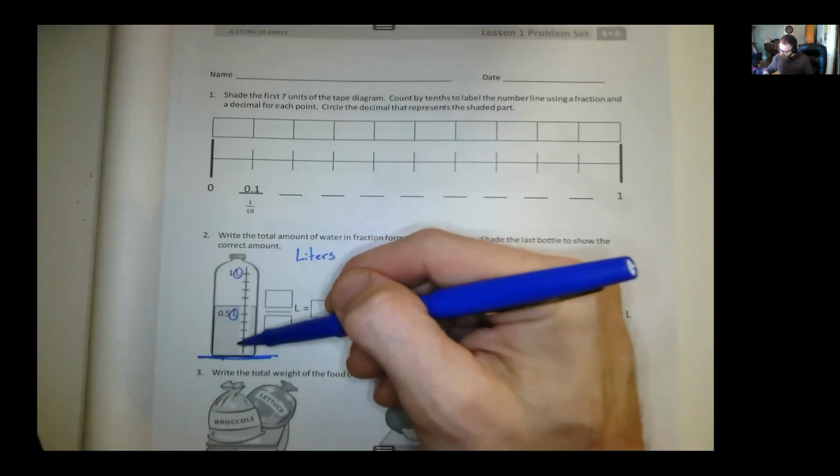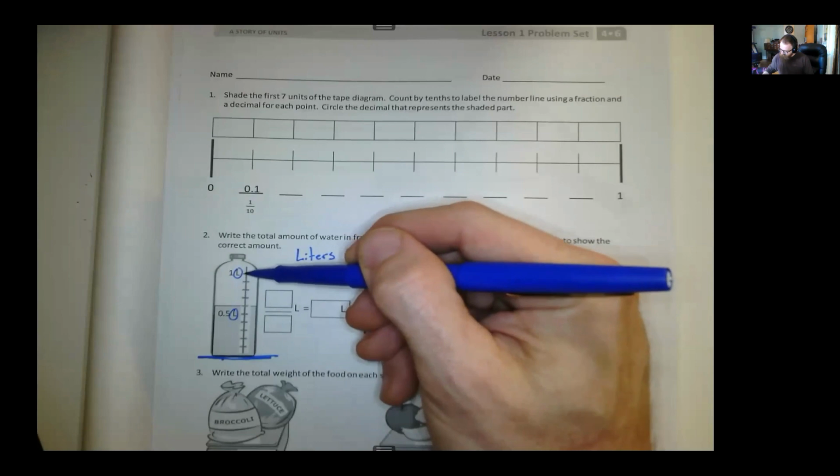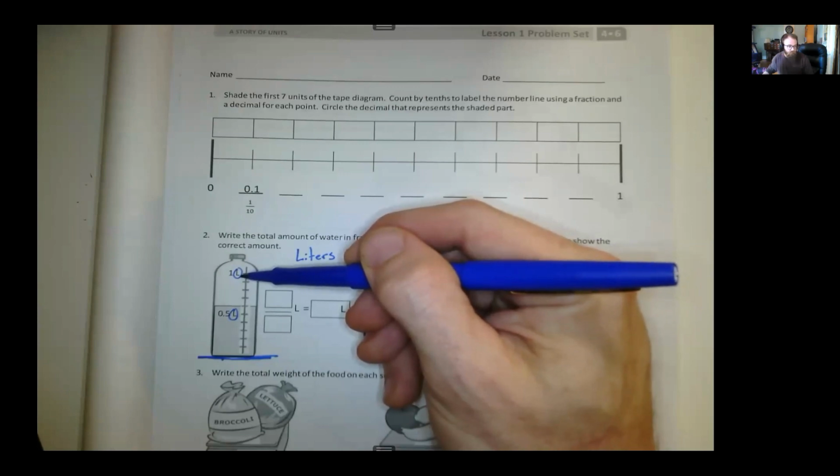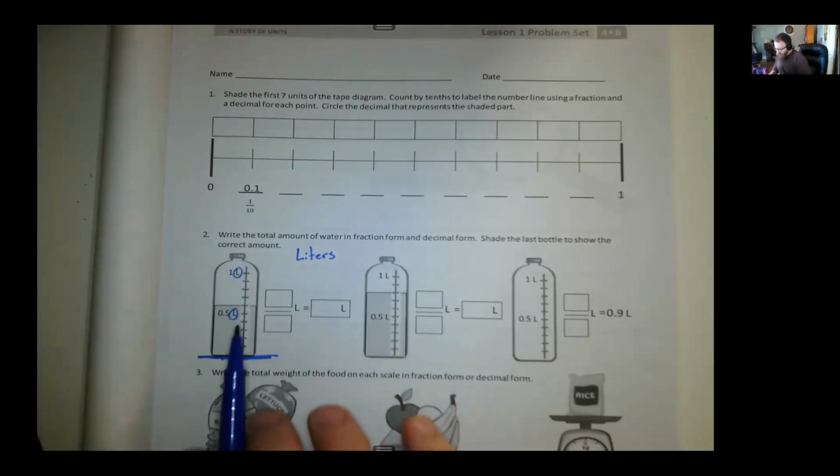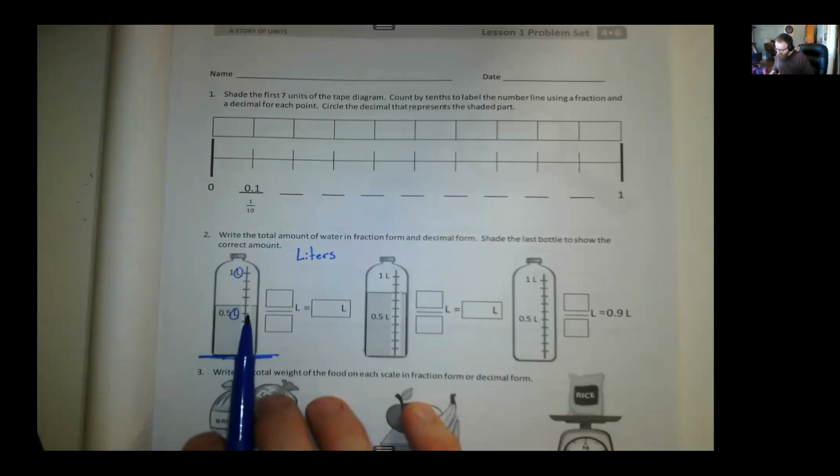The container is marked into tenths of a liter. This line at the top here would be 1 liter. That's our whole. What fraction of that whole is shown in this container? We can see 0.5 liters here. This line represents 0.5 liters.